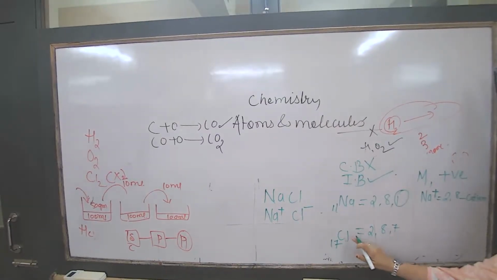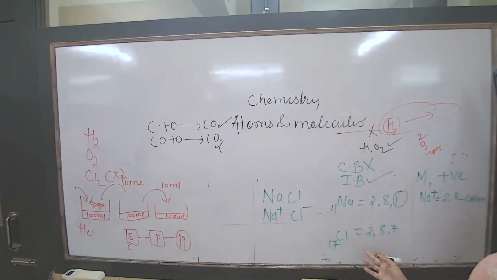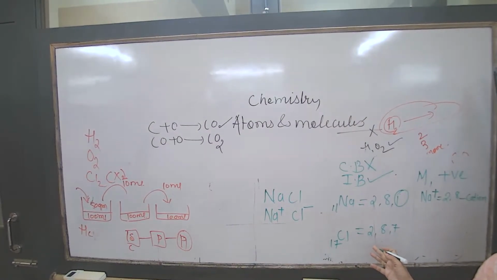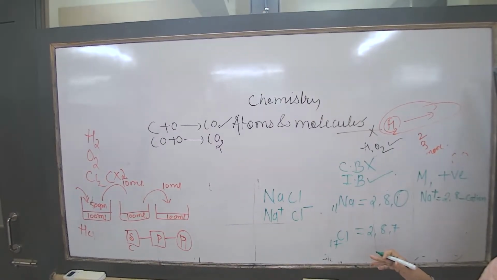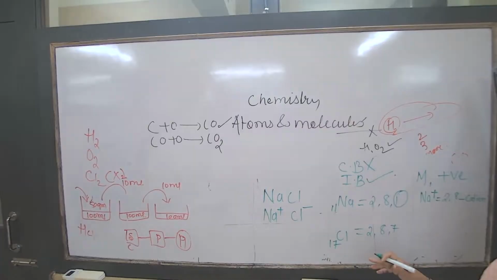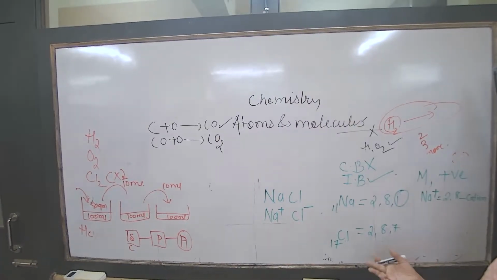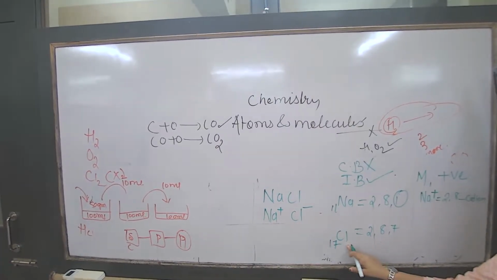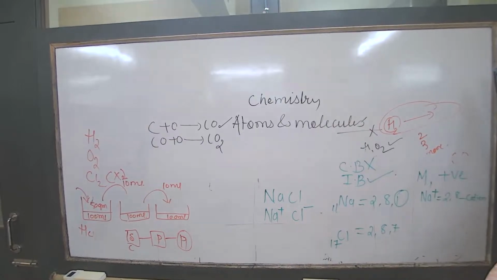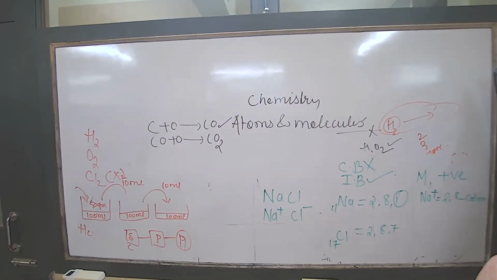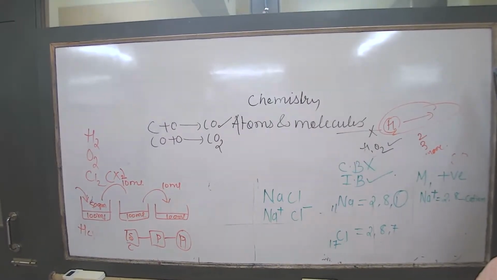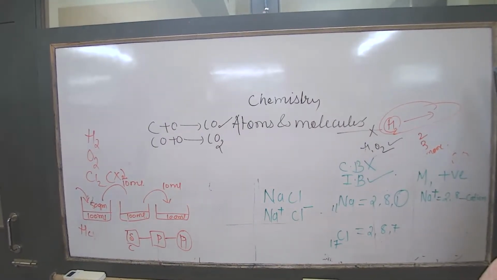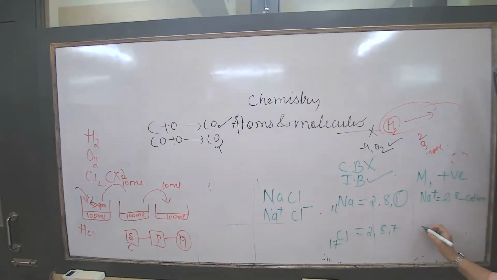Similarly, chlorine is on the extreme right of the periodic table. Right side elements are non-metals. We have also written this in atomicity: chlorine is diatomic, and it is a non-metal.